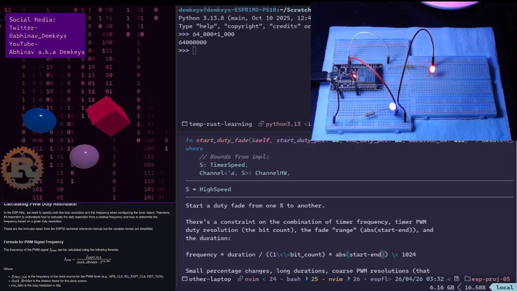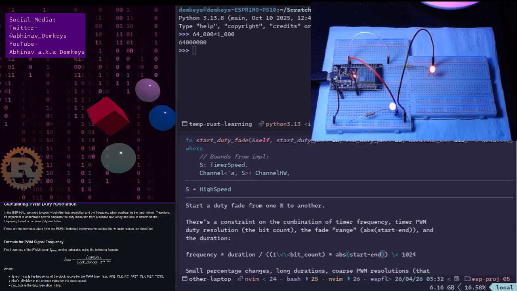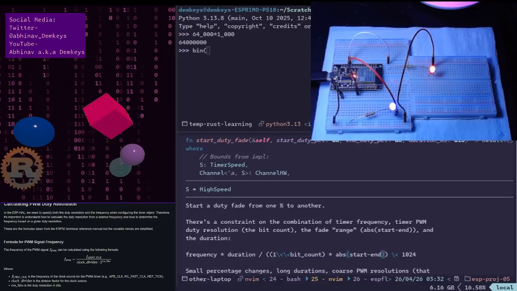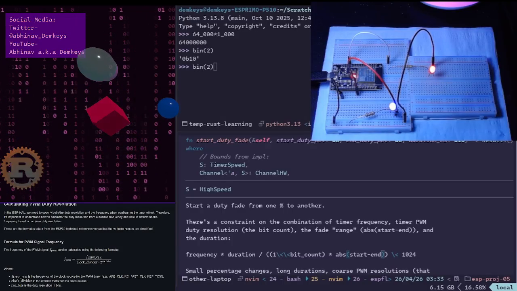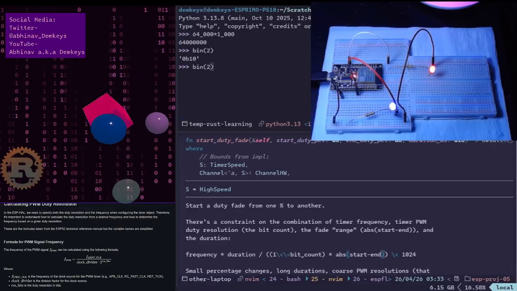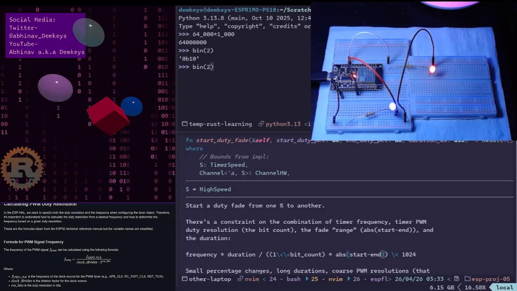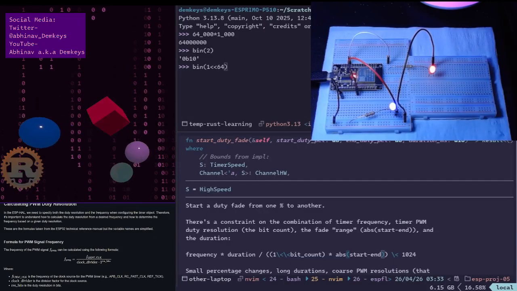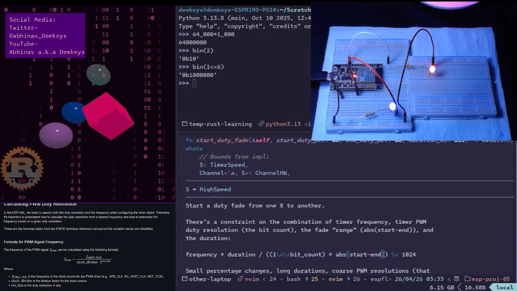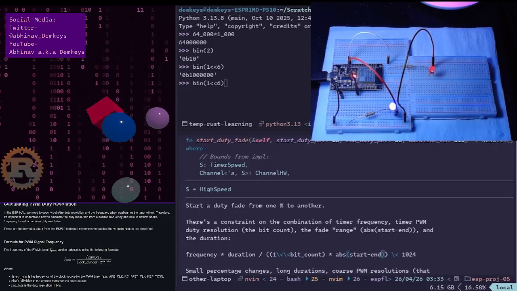Hold on, bin 2. Okay, bit count. Our bit count is 64. No, 6. It's 6 bits. So this and this, that's our bit count. Otherwise, we would be looking at this value.